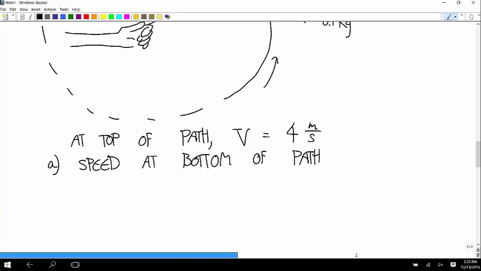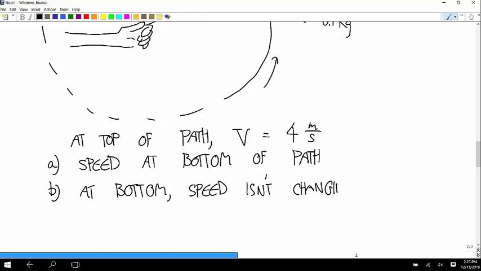Okay. So what I'm getting at is at the bottom where we're going to calculate the speed, the speed isn't changing. What's the tension in that string?